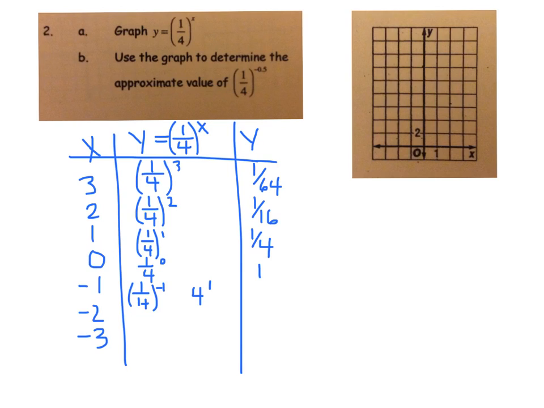That makes it a positive, so that's just going to be 4. When we take the reciprocal of -2, that's going to flip it, and then we just square it, and that gives us 16. And then again down here, it's going to give us 4 to the third, which gives us 64. So now go plot that on the graph to the right.